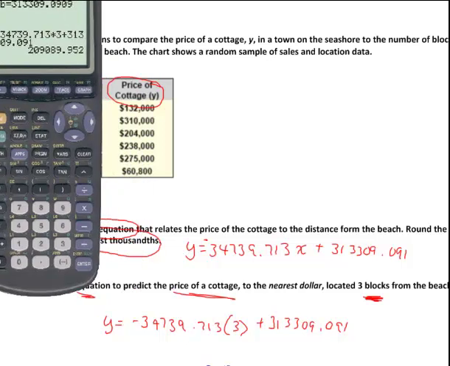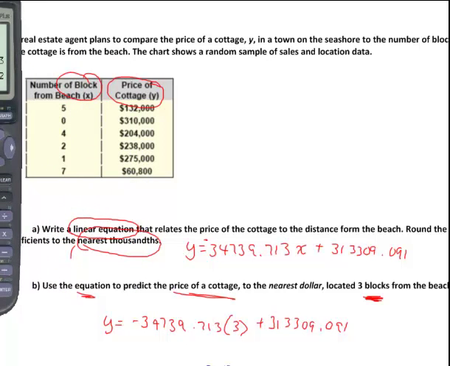And what do they want me to round it to? Nearest dollar. So 95 cents is going to make that go up to 90. So $209,090. So Y was $209,090.